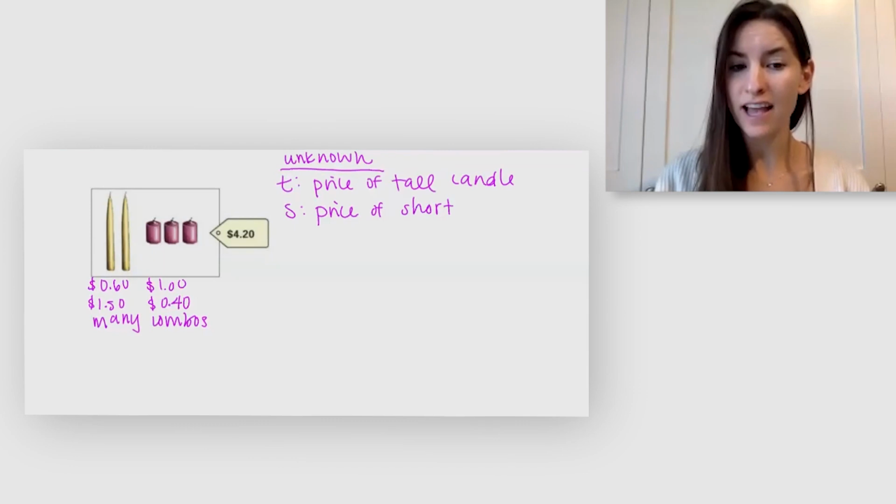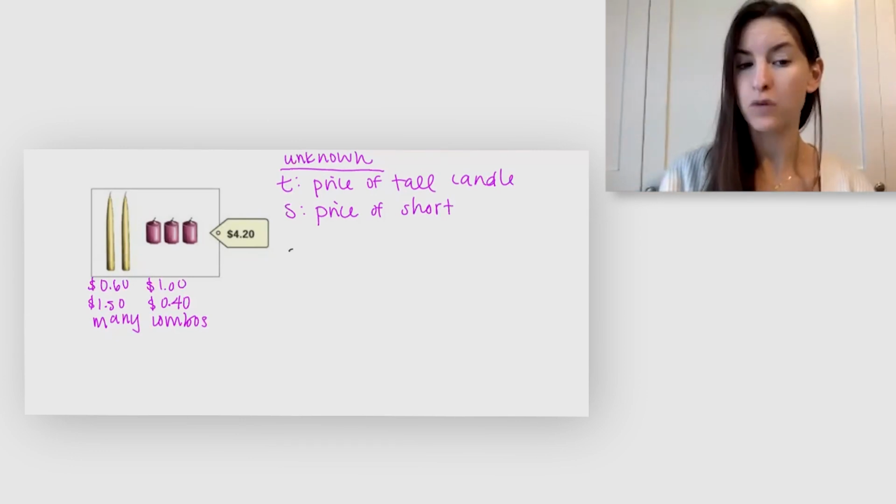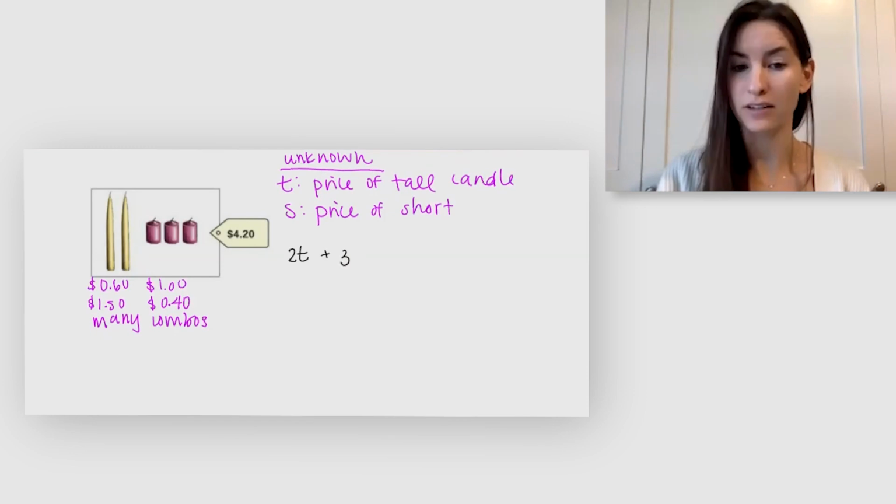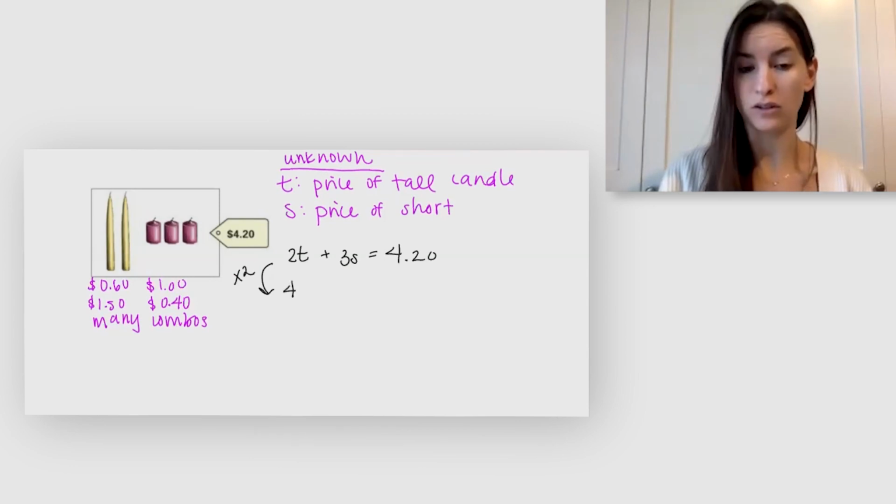But is there anything else I could say for sure? One thing I would know is that if I wanted to buy double this amount of candles and buy 4 tall candles and 6 short candles, that would double the price. Each set of 2 tall candles and 3 short candles would still cost $4.20.